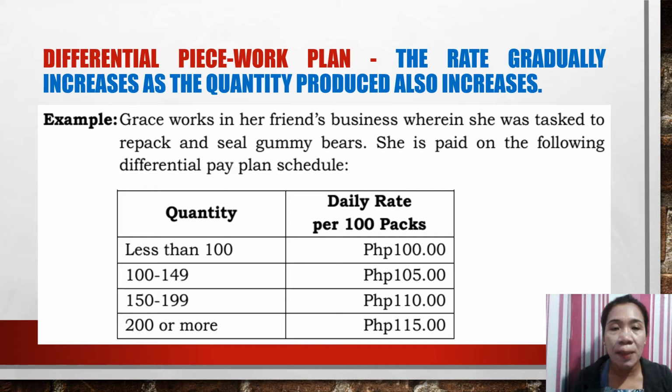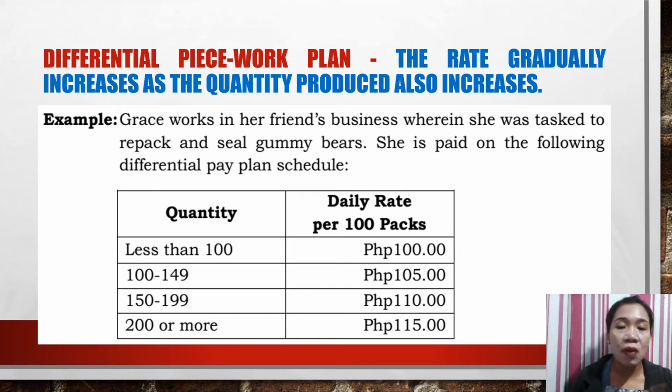So, in our example, Grace works in her friend's business, wherein she was tasked to repack and seal gummy bears. So, ang trabaho ni Grace dito sa company, sa iyang friend, is to pack or repack gummy bears. She is paid on the following differential pay plan schedule.